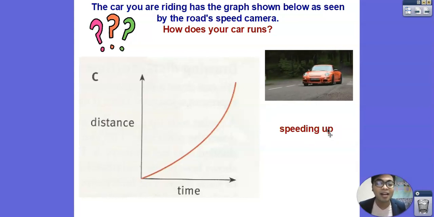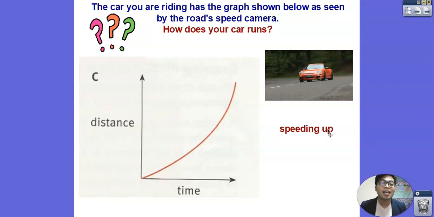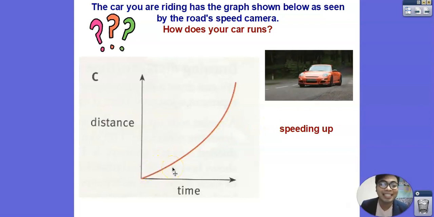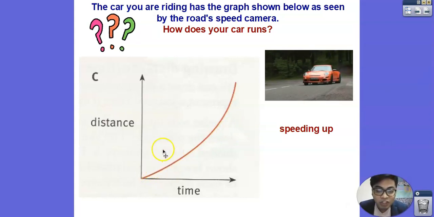Okay, I think that you also have an answer in mind, but let's take a look at the words that I have here. If the graph shows like this, it shows that the car you are riding is speeding up. What makes me say that it's speeding up? Look at the curve in here. It might not be running steadily because you tend to have a change here in the distance and in the time traveled.